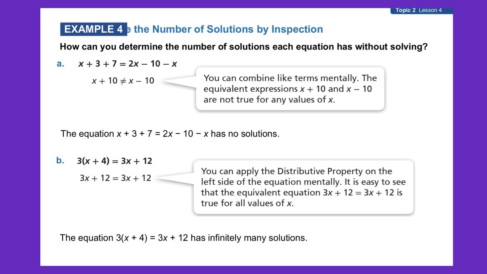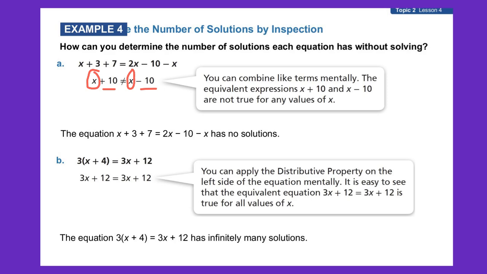Example number 4 says, how can you determine the number of solutions each equation has without solving? On A, I want you to look at A. Same variable term, different constants. That's never going to work out.